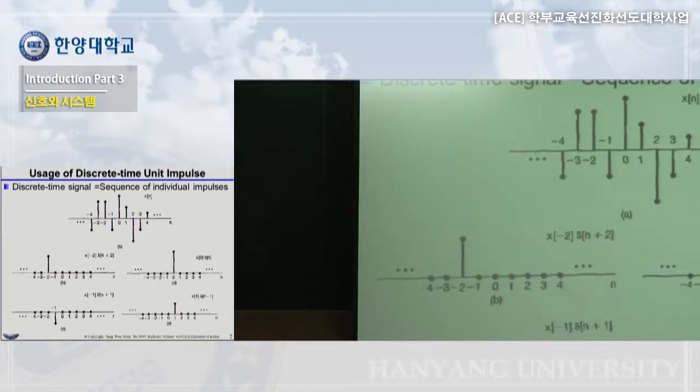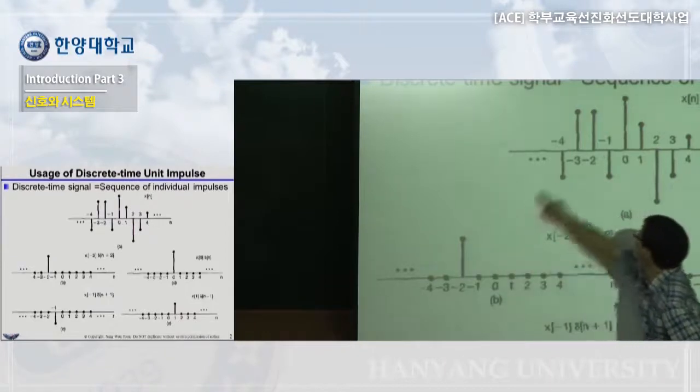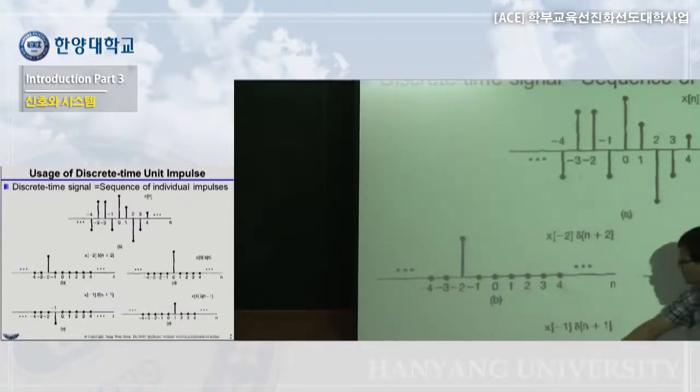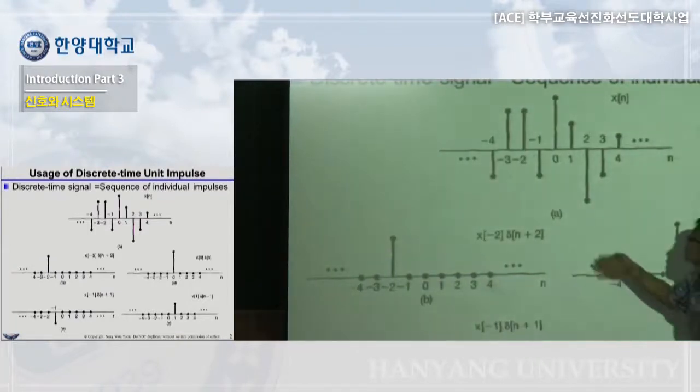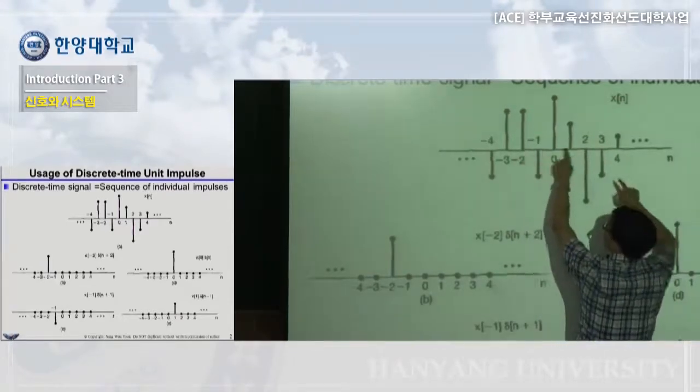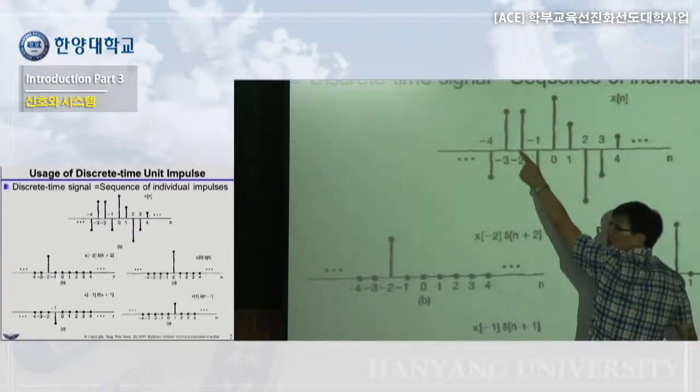If we add these four signals together, then this one is the same as here. This one, -1, will be the same as here. This 0 will be the same as here. This 1 is the same as here. So if you add these four together, that means it's the same as these four, right?